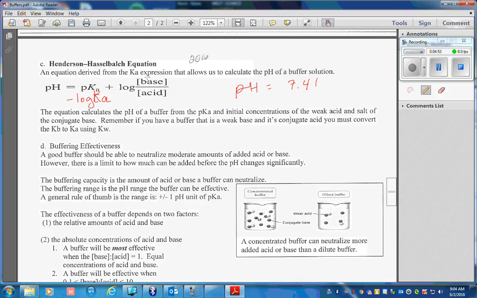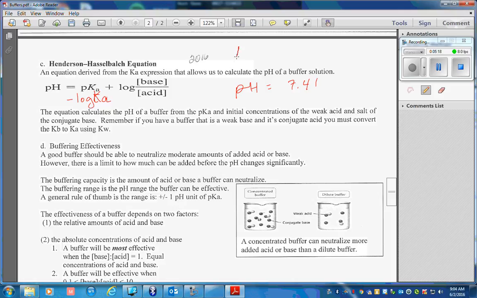And then you take the concentration of the base divided by the acid, take the log of that, and add those things together. This is a very easy way. Let's recall, even if you have a buffer that is basic, you are still using the Ka of the acid.